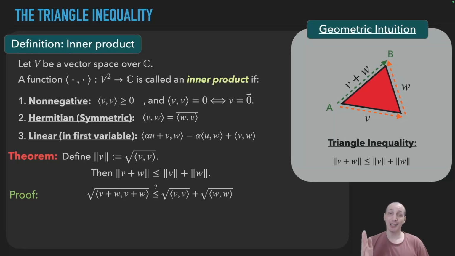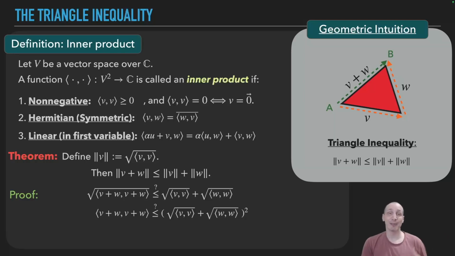However, we need to be a little bit careful, because the fact that a is smaller than b is not equivalent to a squared being smaller than b squared. This is in general not true. It is true if both a and b are non-negative, which is our case. Everything here is the norm of some vector, and we know that this is non-negative. Okay, so let's square both sides.